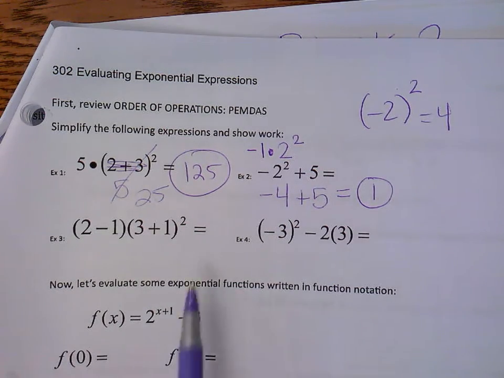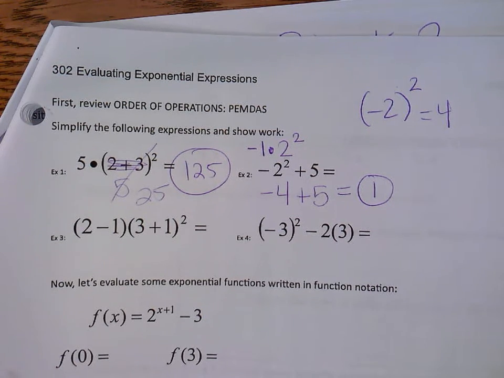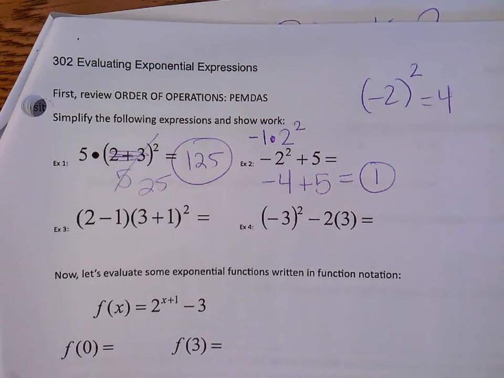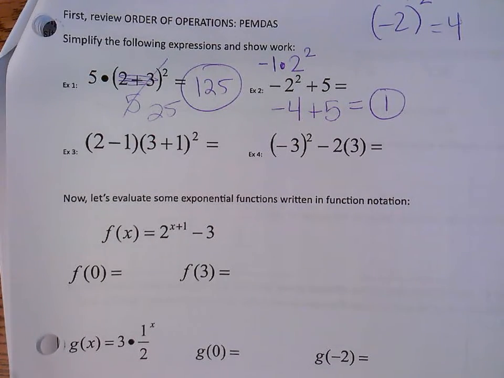So if you could quickly evaluate 3 and 4 without a calculator, and then we'll evaluate using function notation. Just pretty quick order of operation things, so that when we start evaluating these functions, we know how to do it.